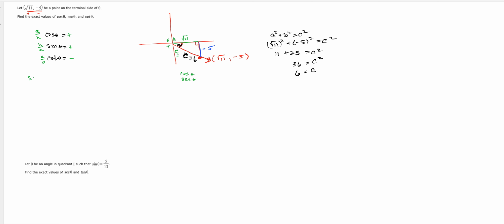Remember that SOHCAHTOA helps us with sine, cosine, and tangent, and then those reciprocal functions, of course, are the opposite. Going back to cosine, here's my theta, so adjacent will be the square root of 11 over the hypotenuse, which is 6.